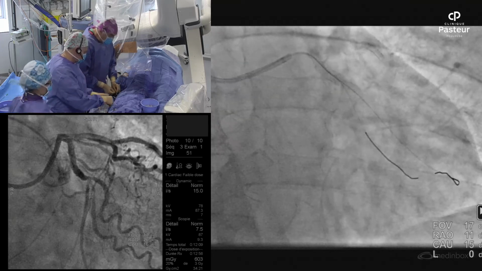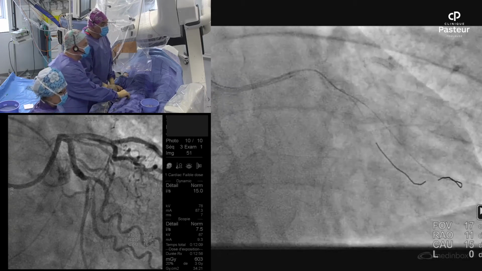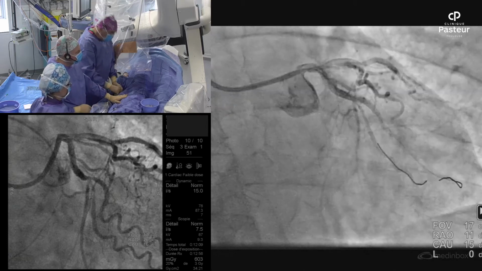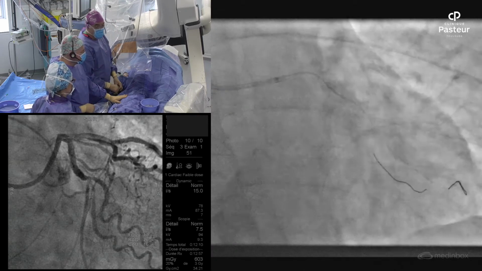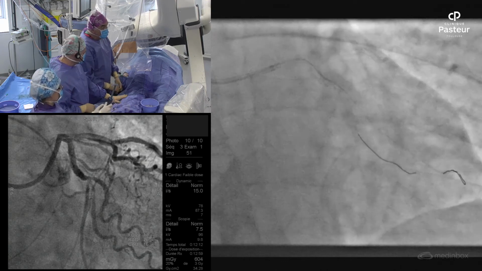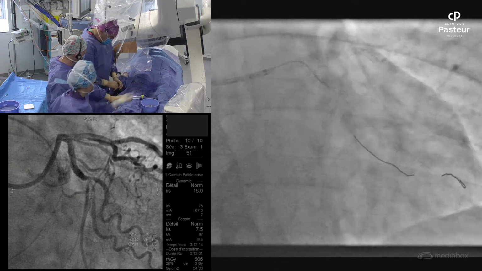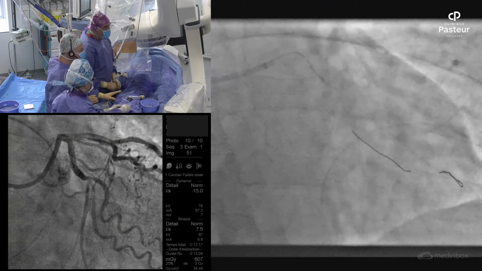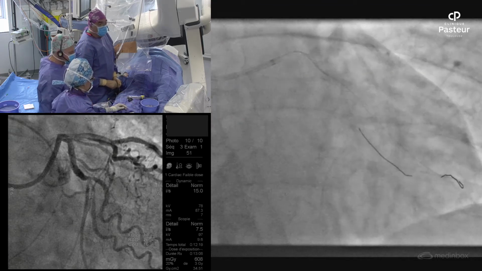We will advance, what do you think, 2.0 or 2.5 balloon? I will advance a 2.0. Certainly a 2.25 millimeter stent, maybe, if we have to, because it's quite a long lesion. Kissing balloon. And then we will finish by the final POT.